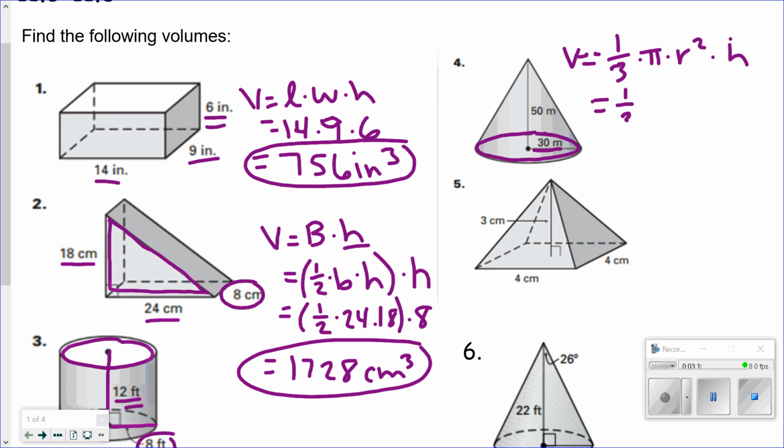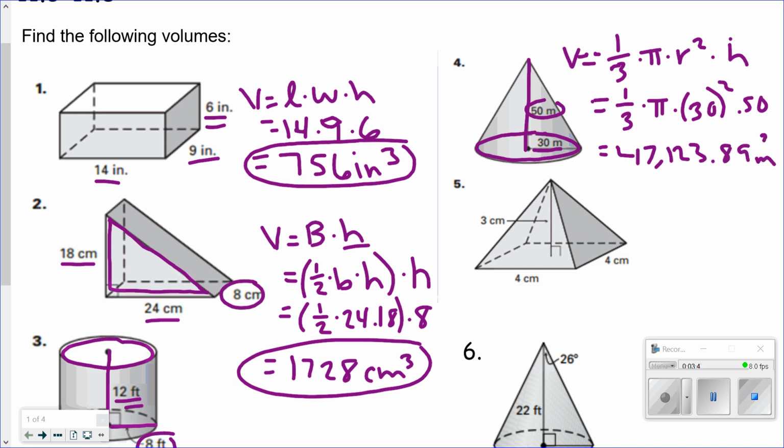I have 1/3 times pi times 30 squared, and the height of my cone is 50, so times 50. Plug that right into your calculator and you get 47,123.89. We are in meters cubed, so that's a pretty big cone.